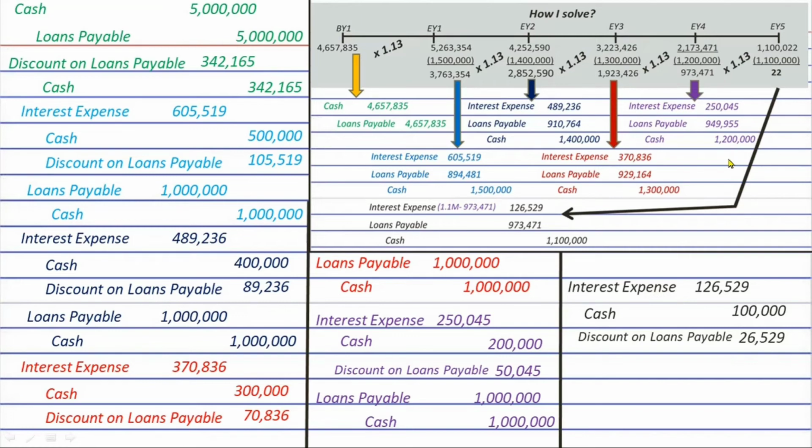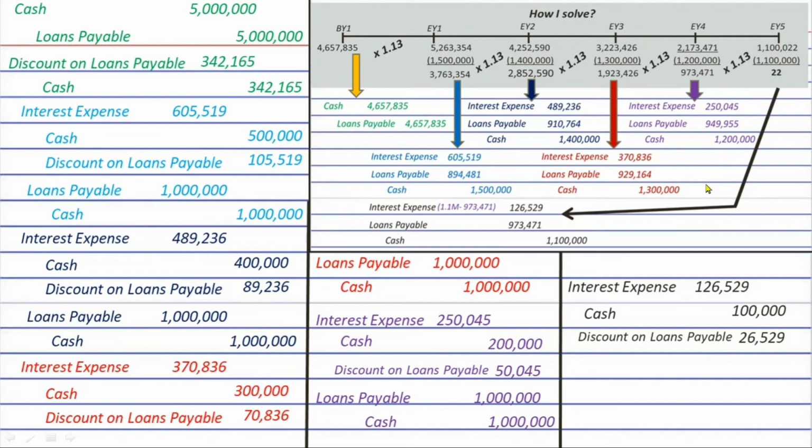And for the last year, we still debit interest expense, which is the same with this one, but then again, the amount was the difference of the 1.1 million minus 973,471. So 1.1 million was used instead of this 1,100,022 to make this here 0. Okay? I know you remember that in the past episode.